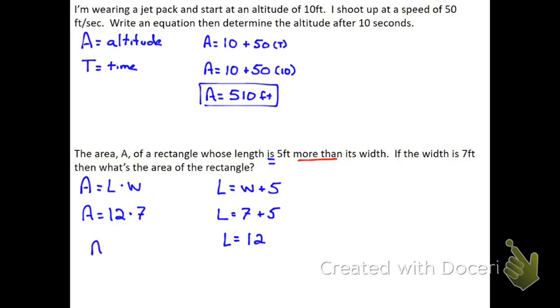The area of this rectangle, after you multiply 12 times 7, is 84 feet squared. Whenever you're finding area of a shape, you're always going to have square feet. It's always going to be feet squared.